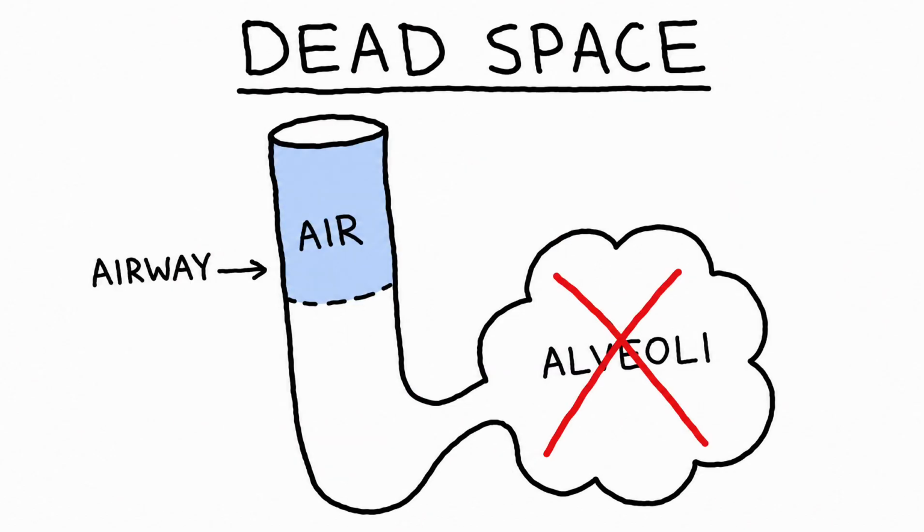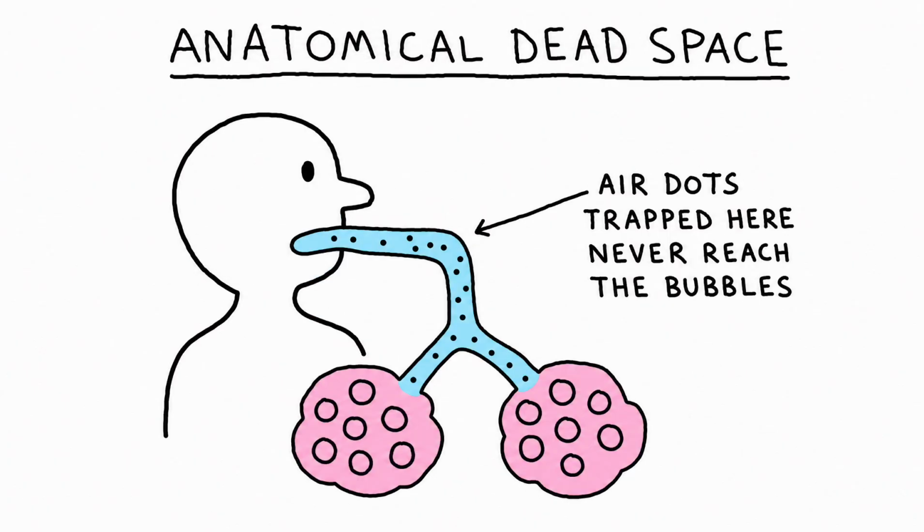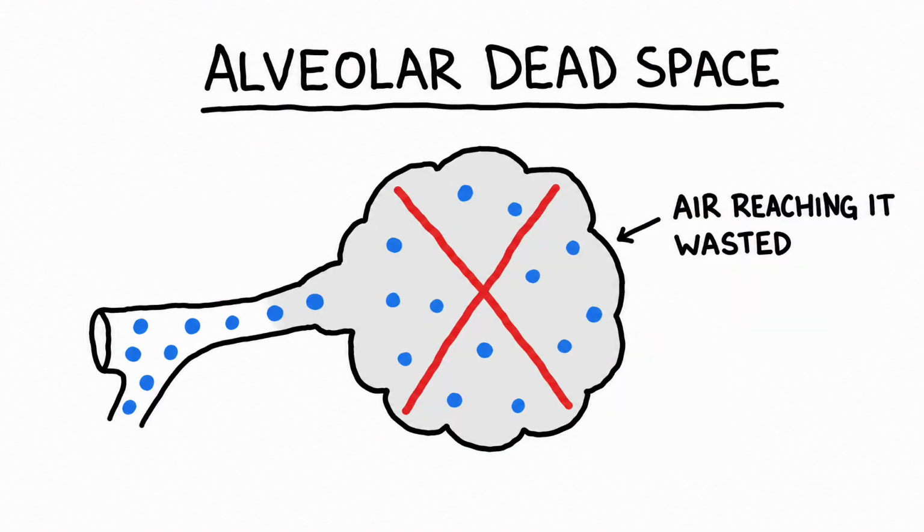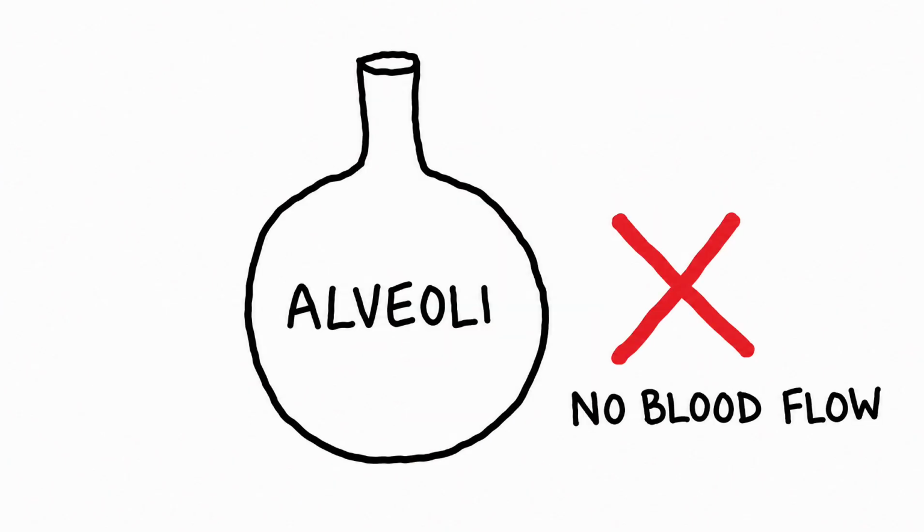Anatomical dead space is the air in the respiratory tract that remains in conducting structures and does not reach the actual alveoli. Whereas the alveolar dead space is the part of the respiratory tract that reaches non-functional alveoli, such as alveoli associated with capillaries with poor blood flow.